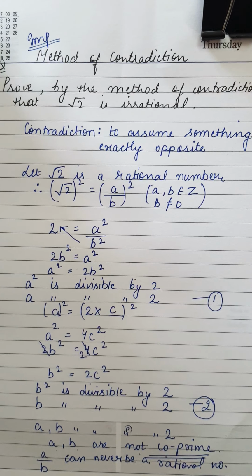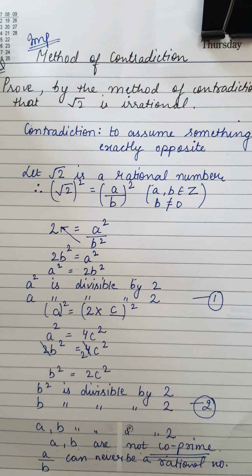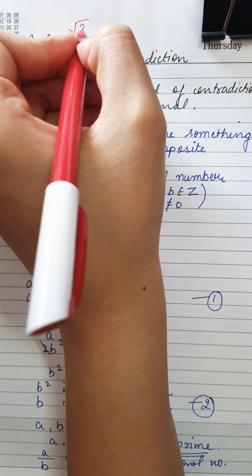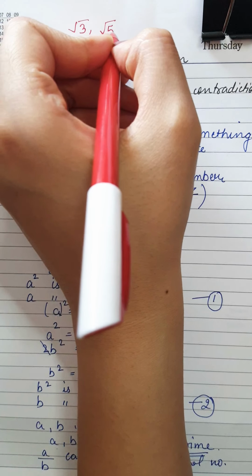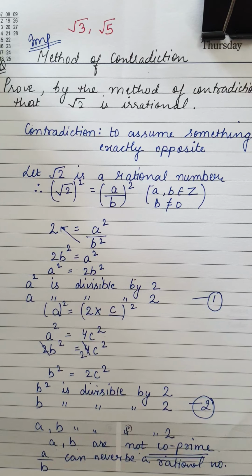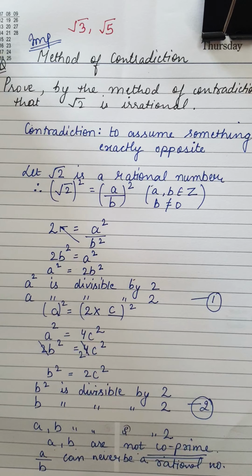If it is clear to you, I want you to understand this properly and prove √3 and √5 to be irrational by the method of contradiction. I can say the most beneficial thing is, if you have understood this, you just have to make changes for 3 and 5.